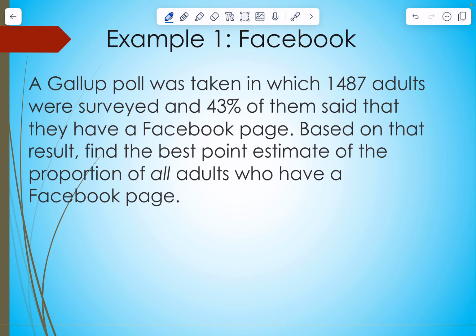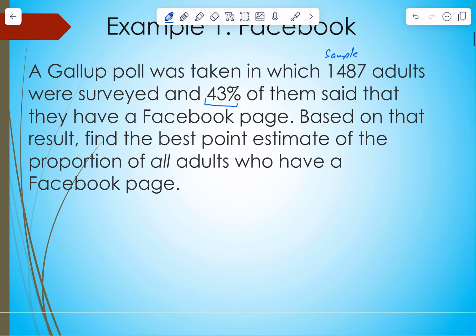And so we have a sample of 1,487, and the sample proportion was 43%.